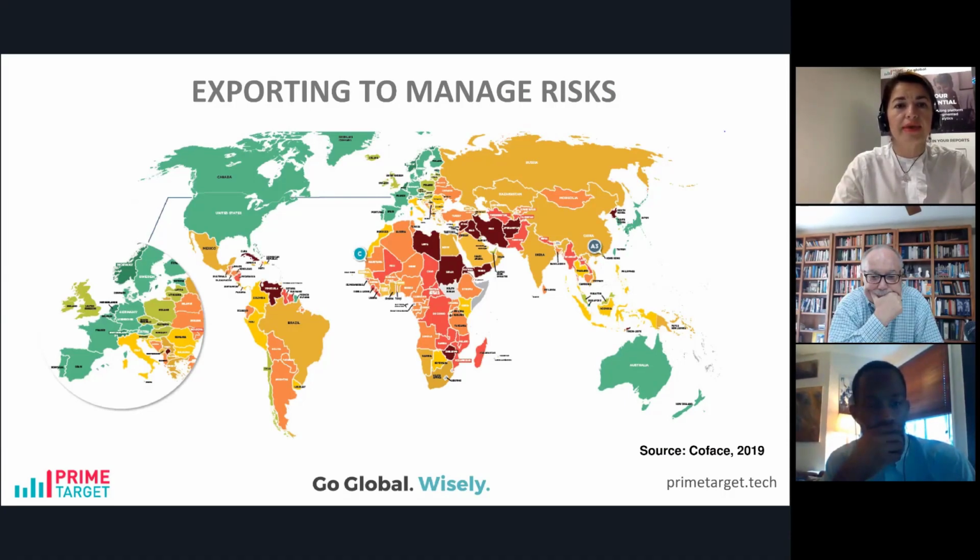So when we say exporting to manage risks, what does it mean? I'm using this picture and this map provided by COFAS, which dates from October 2019, to show you that when we look at the world, it doesn't look just one color. Depending on the country you are situated in, or the country your clients are based in, the risk profile of the country is different.